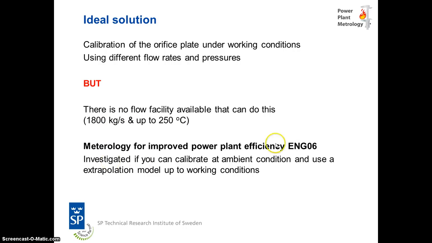And that's the whole idea behind this research project, that we want to find some kind of model where you can do a calibration at normal ambient conditions, and then have an extrapolation model that can extrapolate up to the working conditions.